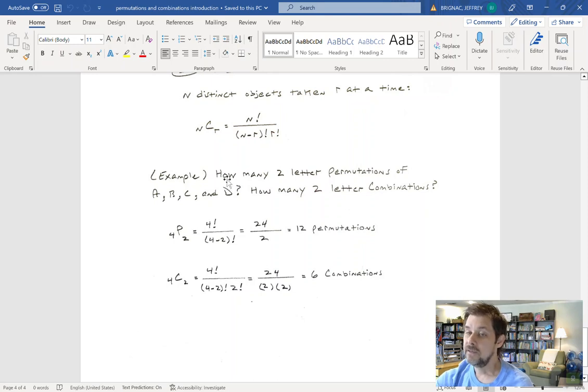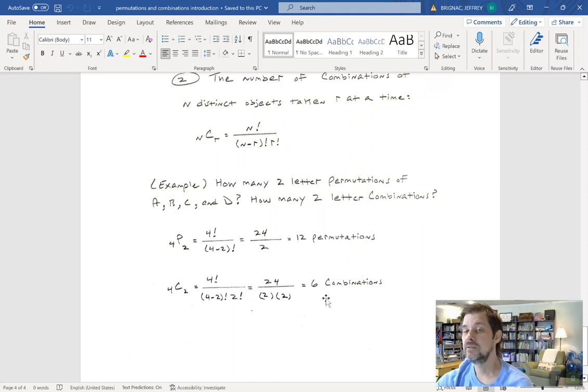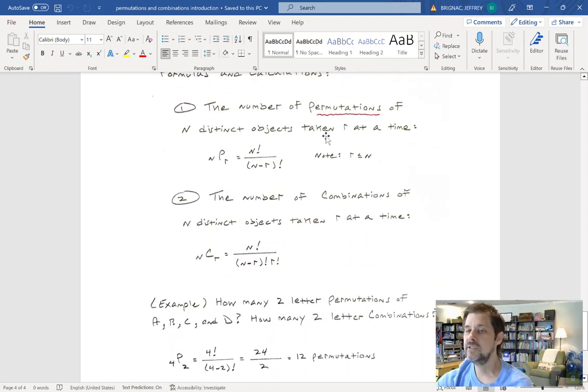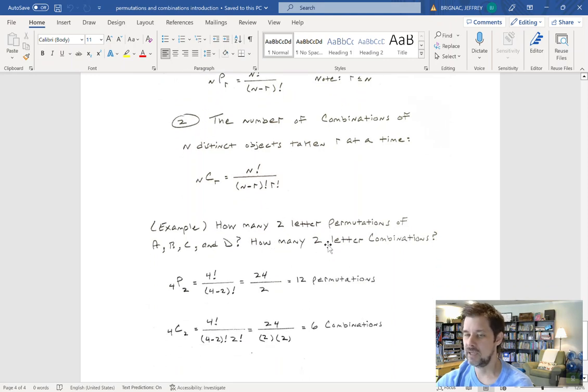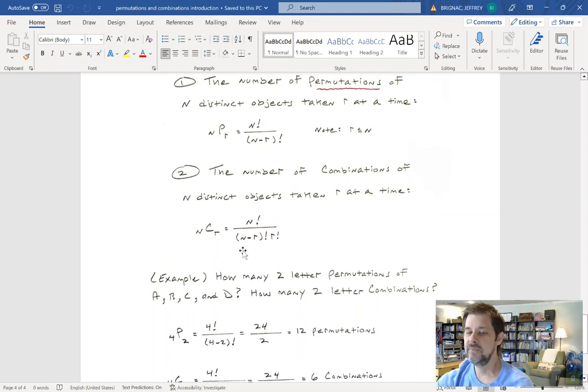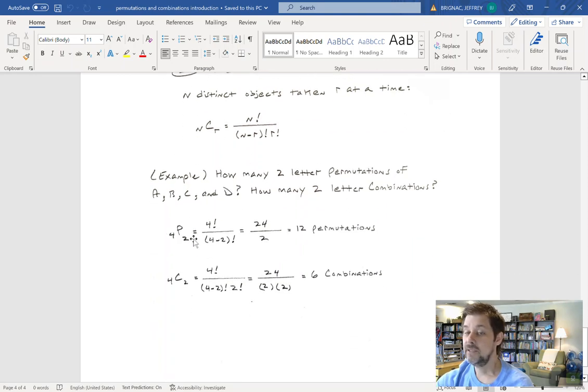So I want to know, if you choose among the symbols A, B, C, and D, how many two-letter permutations are there, and how many two-letter combinations are there? In each case, we're choosing 2 objects among 4 objects. Using these formulas, the number of permutations, 4 objects taken 2 at a time, would be 4 factorial over 4 minus 2 factorial.